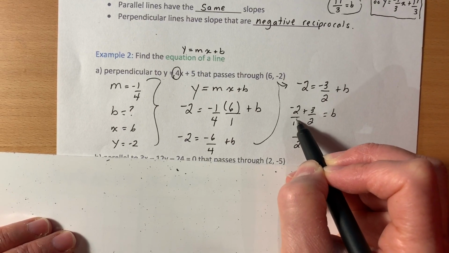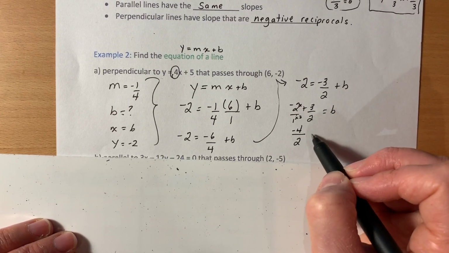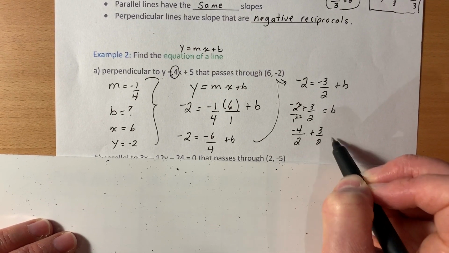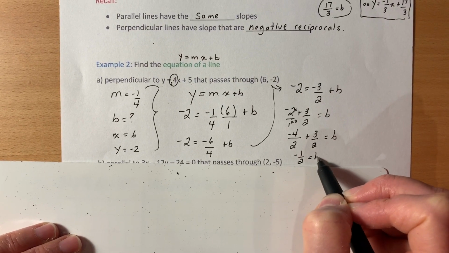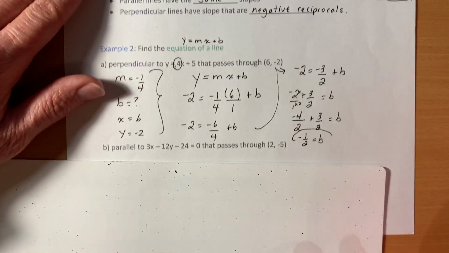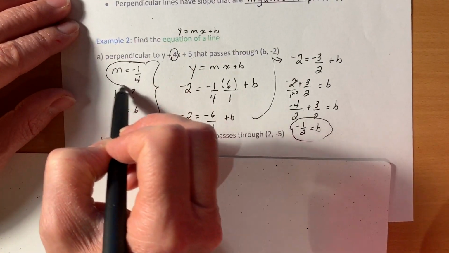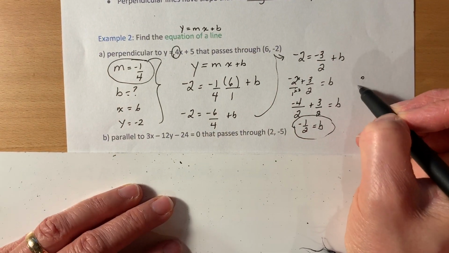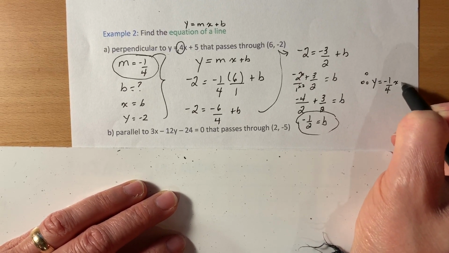Multiply this by 2, this by 2, so I get -4 over 2 plus 3 over 2. So I know my b value is -1/2. So now I put my m value and my b value back in, and I get my equation y equals -1 over 4x minus 1/2.